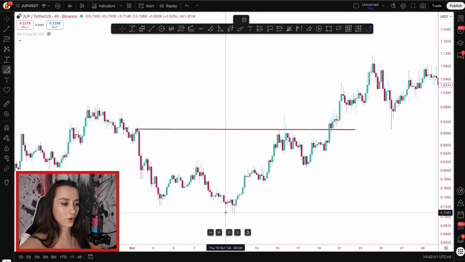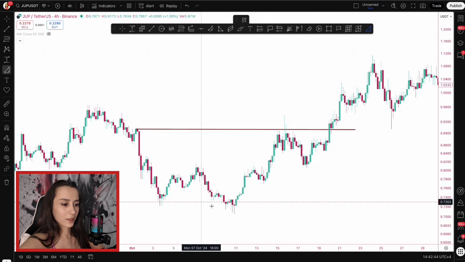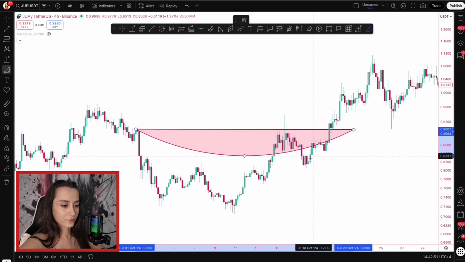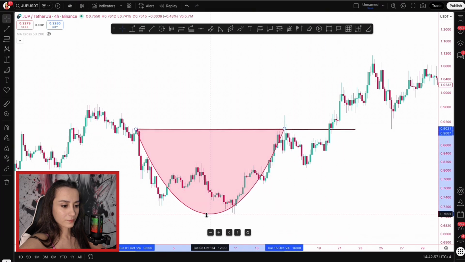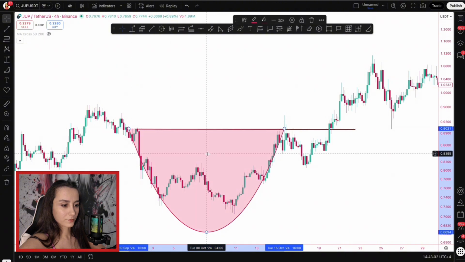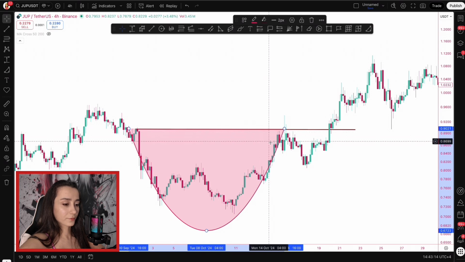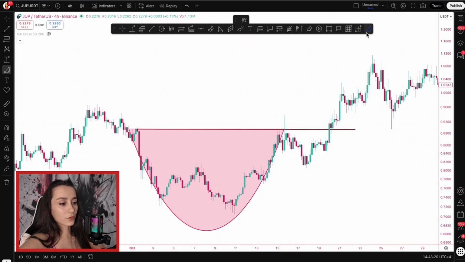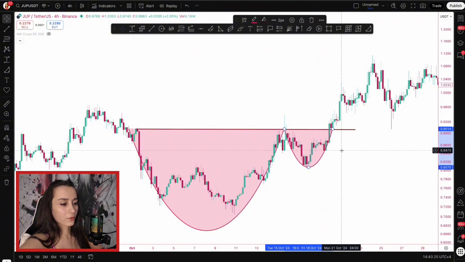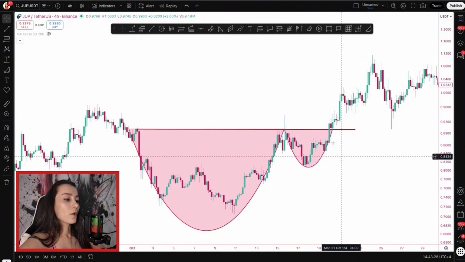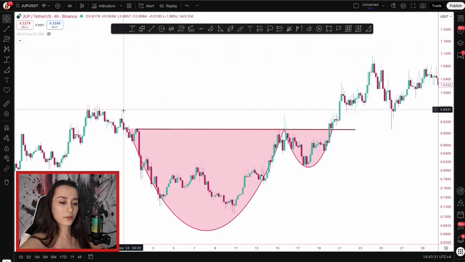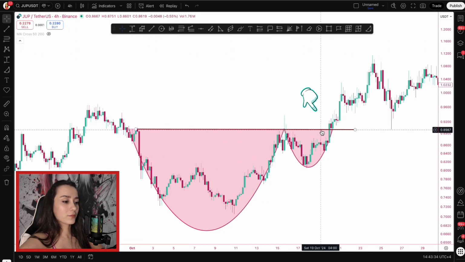As you can see, it's going like this and this. Then you can expect a breakout. If not, you can expect another curve as a handle.